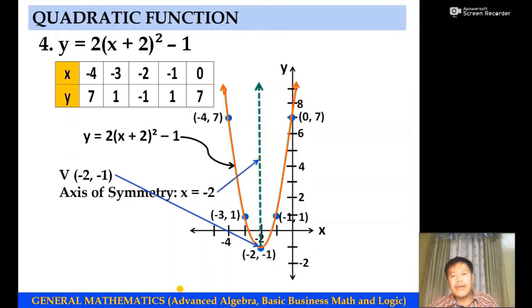I just want to remind you before we end the second video presentation that your assignment in the first video presentation should be accomplished because that will let you learn the concept of functions and relations represented by ordered pairs, table of values, arrow diagrams, equations, and graphs.